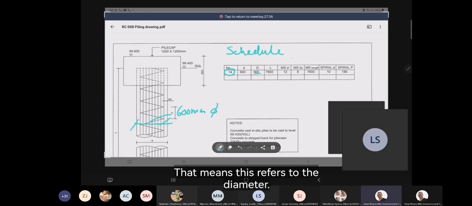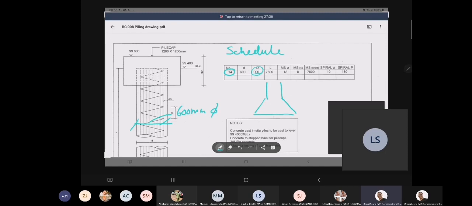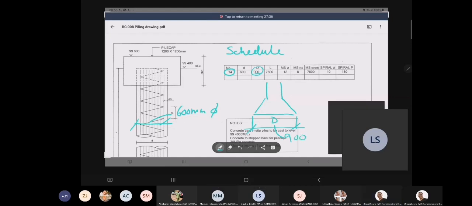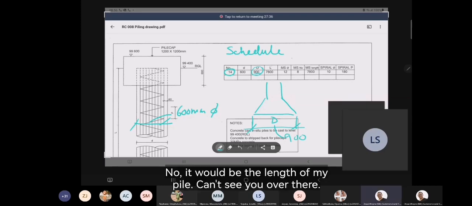That means this refers to the diameter of the enlarged foot at the bottom there. Got it? That is the enlarged foot, which is 900, it says. Then I have L. L would be the length of my pile. You can see over there.